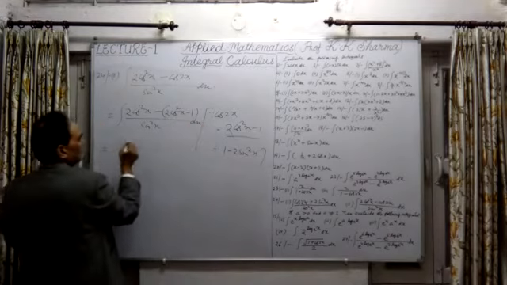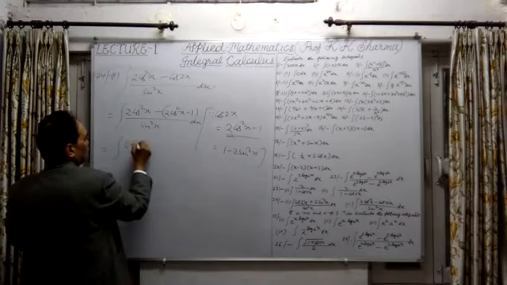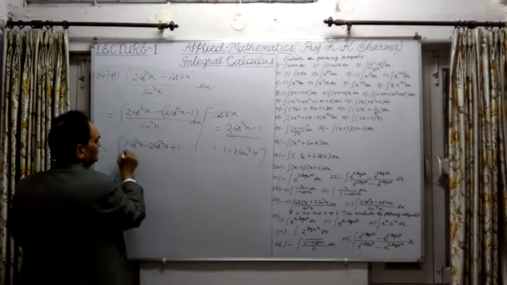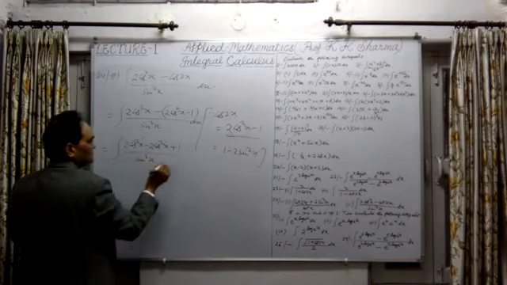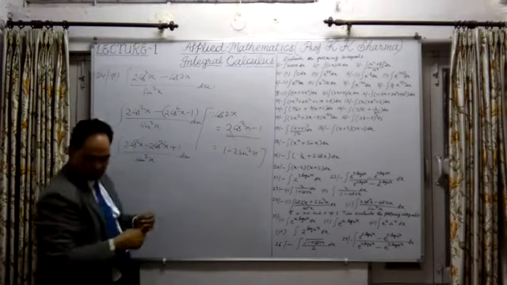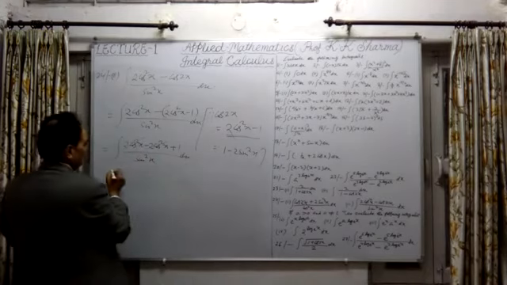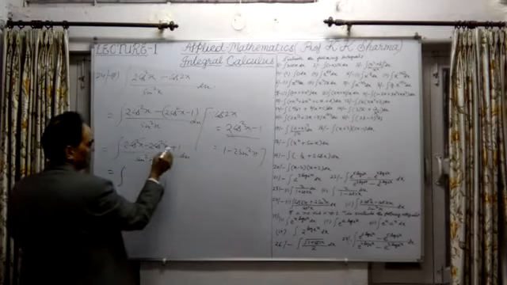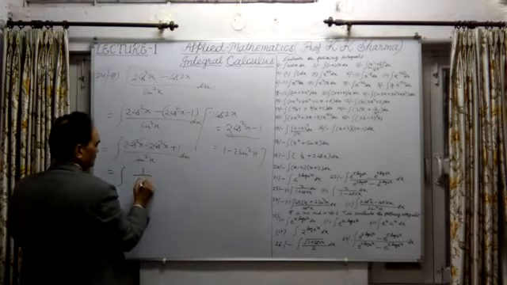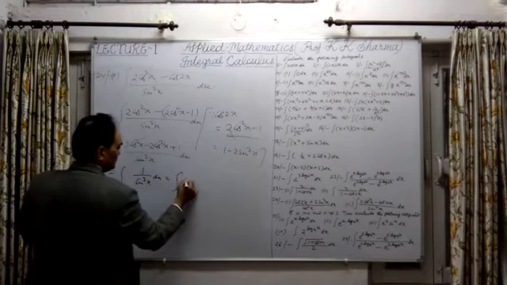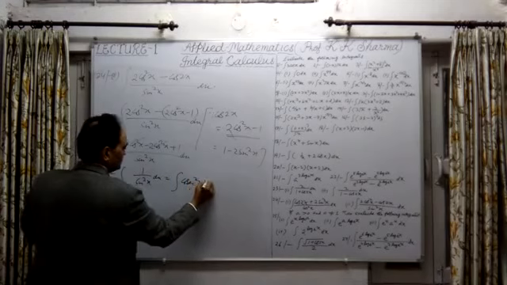Now if I open this, 2 cos square x minus 2 cos square x cancel out, and plus 1 divided by sin square x into dx remains. So we obtain 1 upon sin square x into dx, which is equal to cosecant square x into dx.